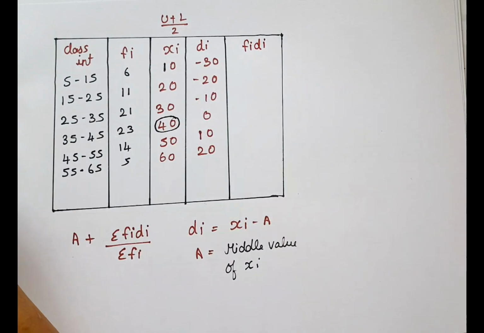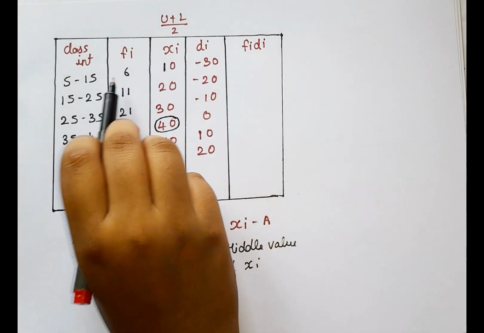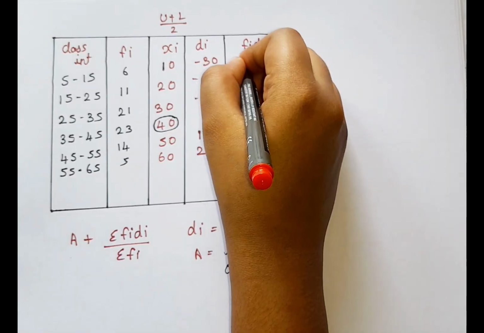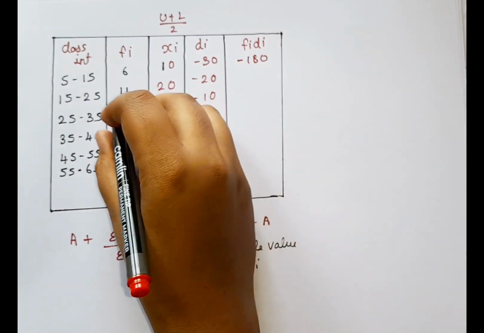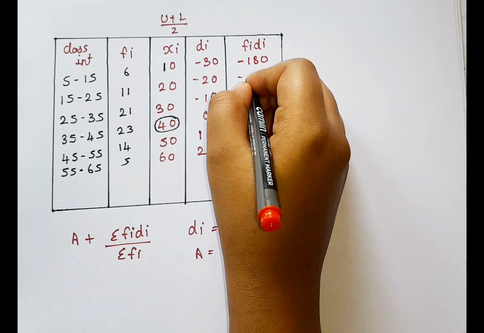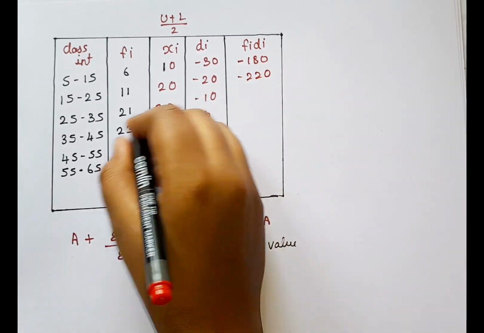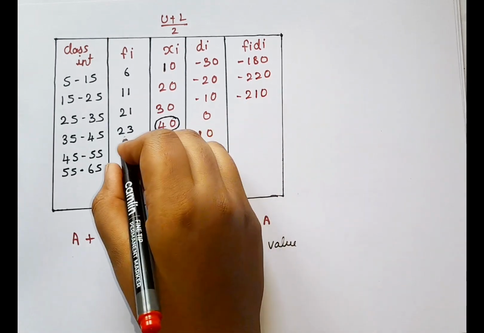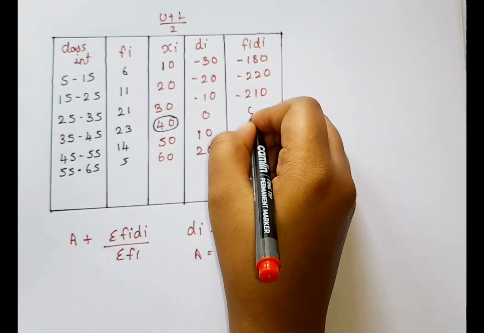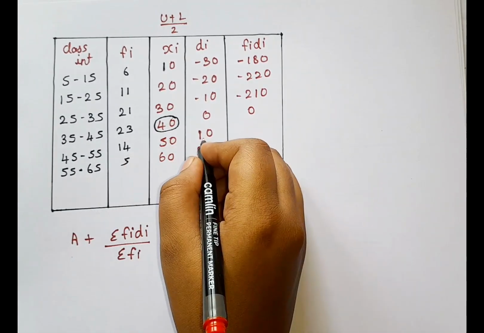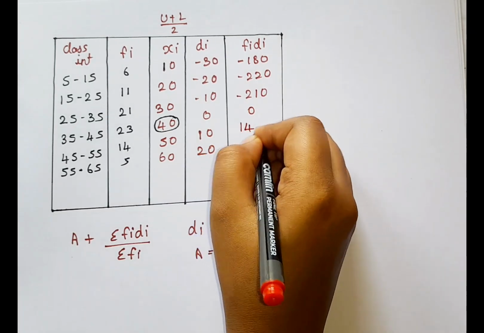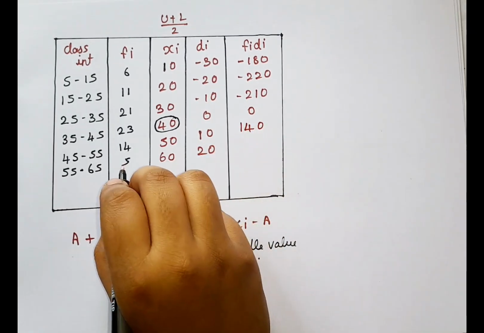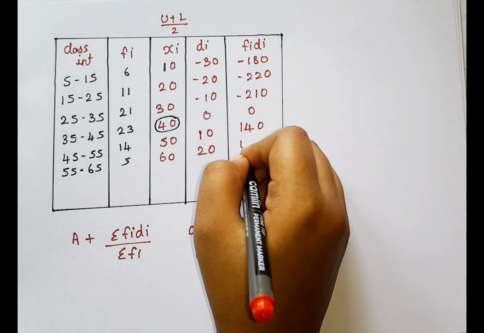How to find it? fi di means fi into di. So 6 into minus 30 is minus 180, and 11 into minus 20 is minus 220, and 21 into minus 10 is minus 210, and 23 into 0 is 0, 14 into 10 is 140, and then 5 into 20 is 100.